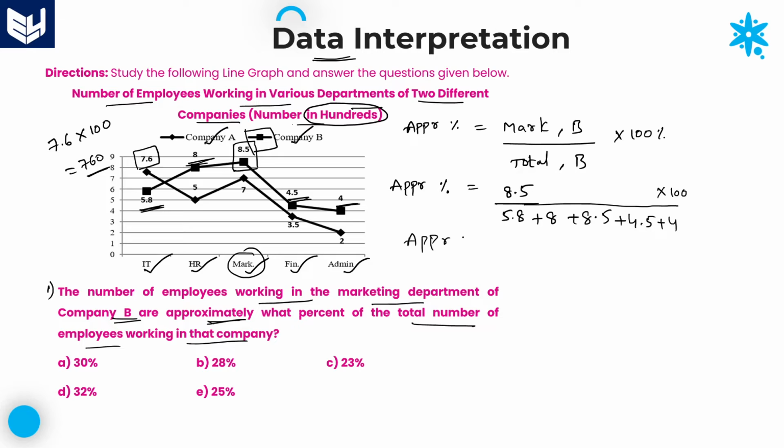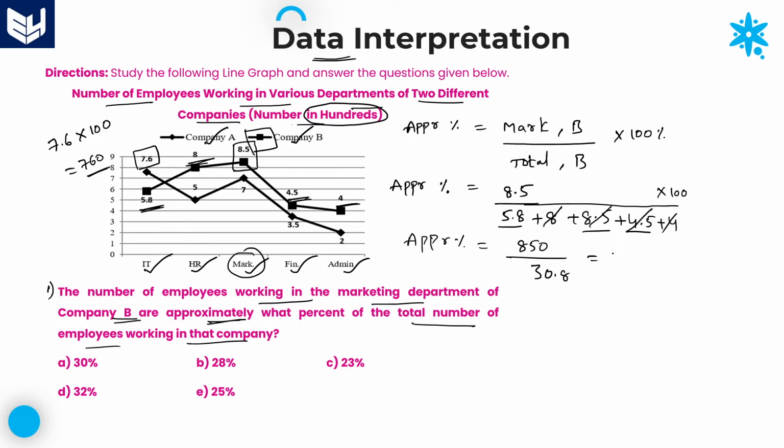The required approximate percentage is equal to 8.5 into 100, which is 850, divided by the sum of all the values. Here it is 8 plus 4, 12, and 12 plus 13, 25. 25 plus 5.8 is 30.8.